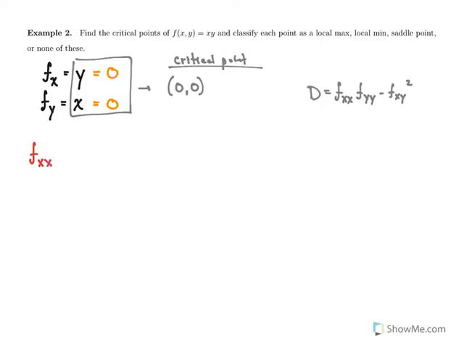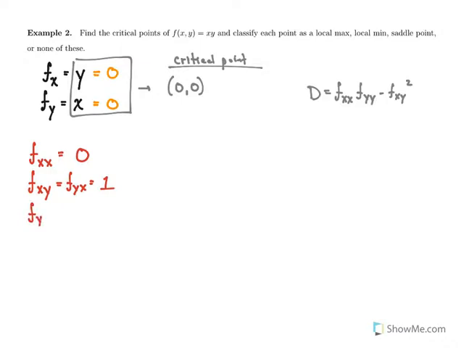So f_xx is the derivative of y with respect to x, and that's going to be just 0. f_xy, which is the same as f_yx, is the derivative of y with respect to y, and that is 1.